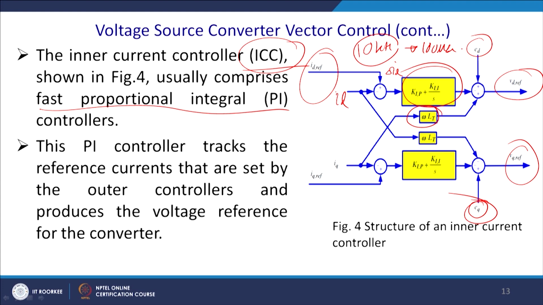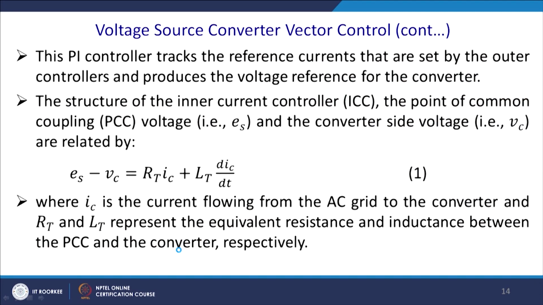Then your bandwidth is required to be 1 millisecond, so that will be quite a fast controller. The PI controller tracks the reference current that is set by the outer controller and produces the voltage difference for the converter.